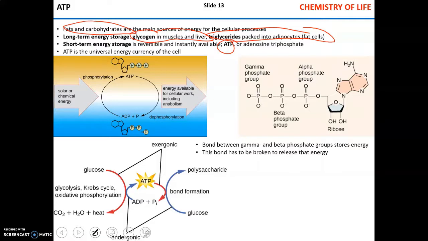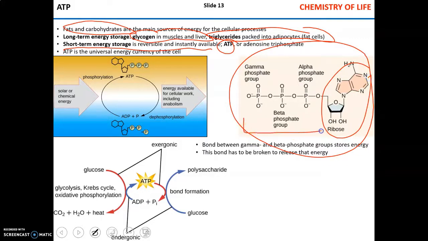Glycogen and triglycerides are not readily available. They have to be converted through a series of chemical reactions into a molecule of ATP, which is a short-term energy storage. It is instantly available. Here's the structure of ATP. We call it ATP because it's adenosine triphosphate.